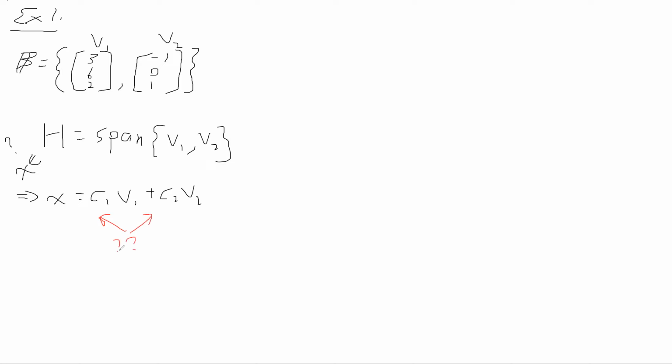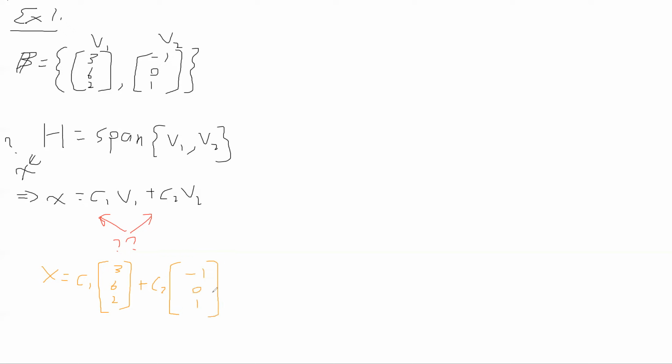If we can find them, then yes, x is in the span of v1, v2, which means x is in the subspace H. Another way to look at this is to write it as a vector equation: x is equal to c1 times 3, 6, 2, plus c2 times negative 1, 0, 1.